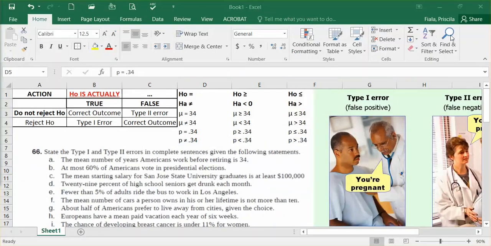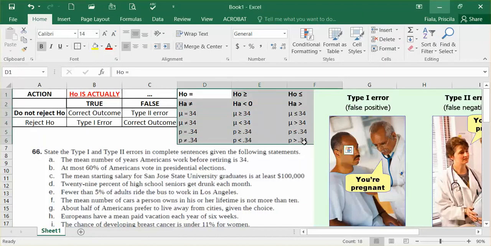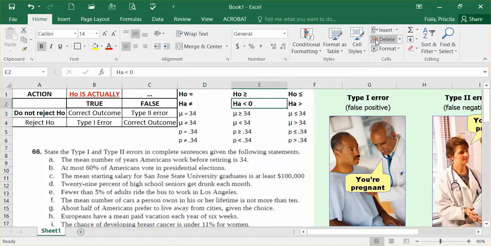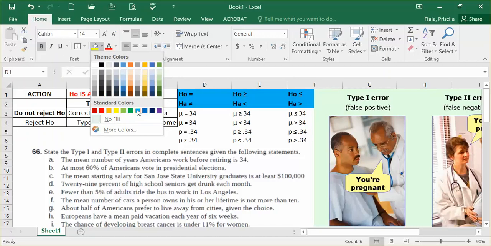If you remember from my previous video, I addressed how you choose your claim, or how you state your claim or your statement. And the way I told you was to read the problem.